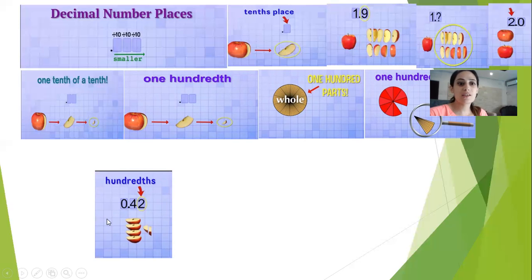Let us look here in this example. What do I have? Sorry. I have a whole apple here, yes or no? No, I don't have a whole apple. So at the whole part, we have 0. We have parts of apple. So here we start with the decimal part.